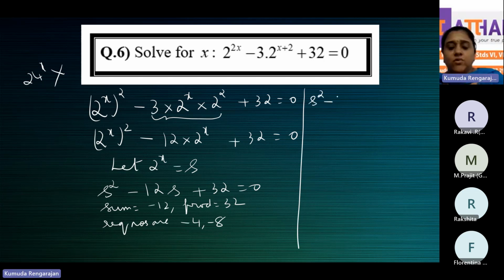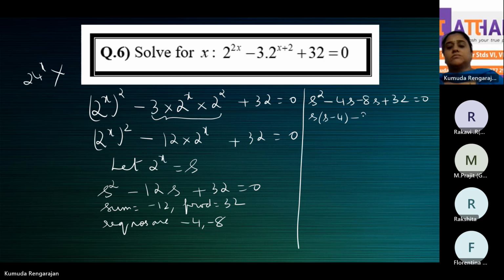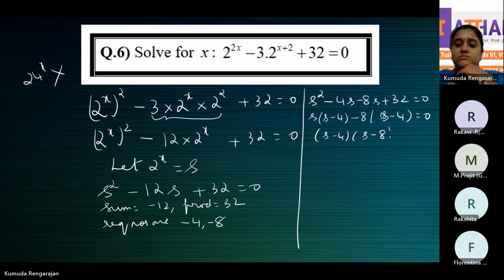So s square minus 4s minus 8s plus 32 is equal to 0. So s is equal to 4 or s is equal to 8.